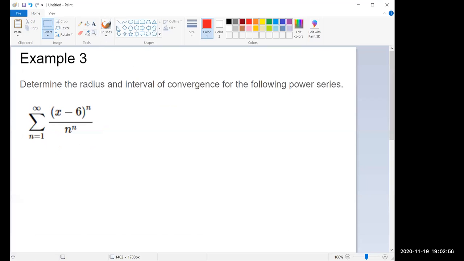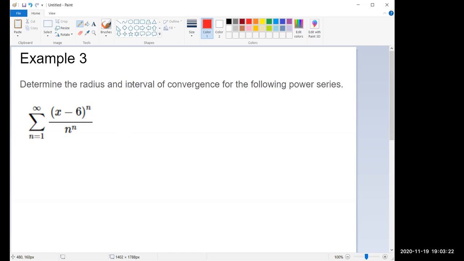Do you guys see why? Yeah, so both the numerator and the denominator are raised to the power of n. So we should use the root test here instead of the ratio test.